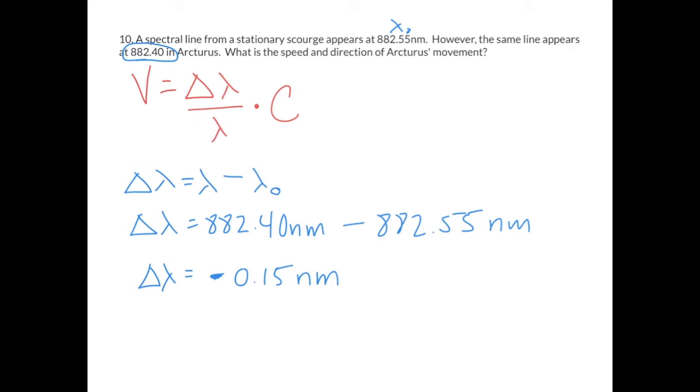We went from a stationary wavelength of 882.55 to a moving wavelength in Arcturus of 882.40 nanometers. So a smaller wavelength means a blue shift, which means the object, or in this case Arcturus, is moving towards Earth.